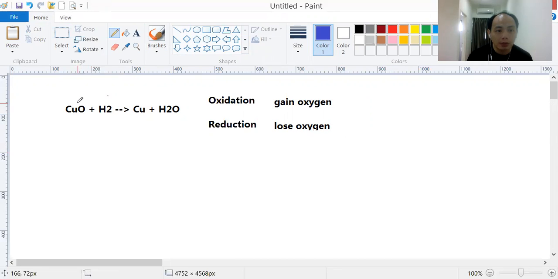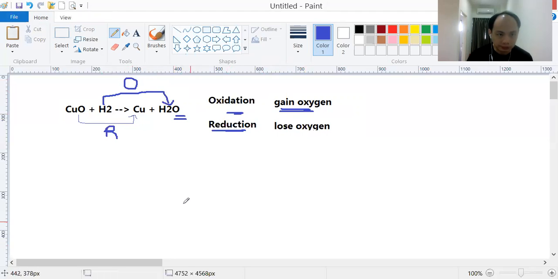Copper oxide become copper. So this one obviously is reduction, it loses oxygen, right? And this hydrogen gas become water, H2 become H2O, gaining oxygen. So it is obviously oxidation.